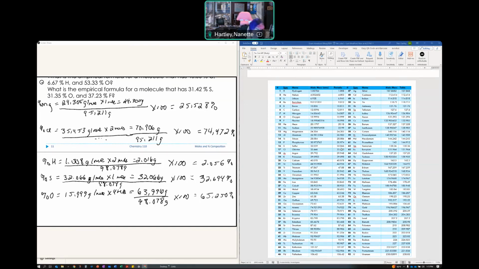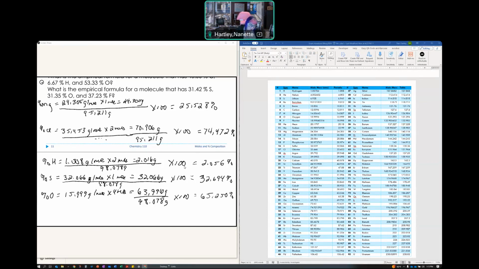Adding those together, I end up with 100%, so that makes sense to me. And those are percent compositions for H2SO4.